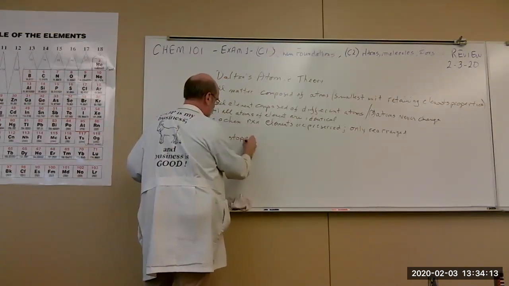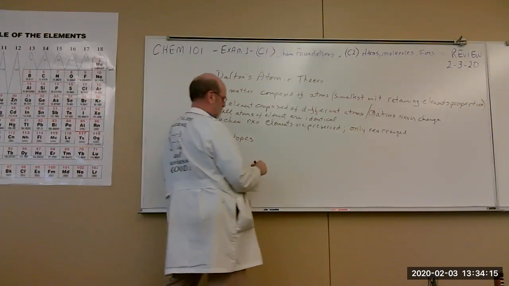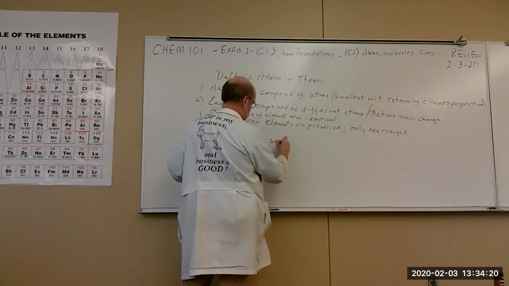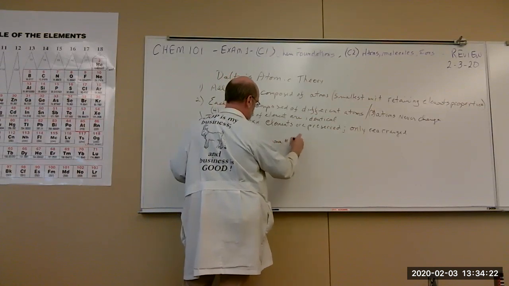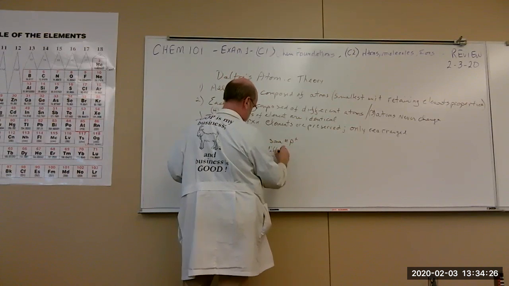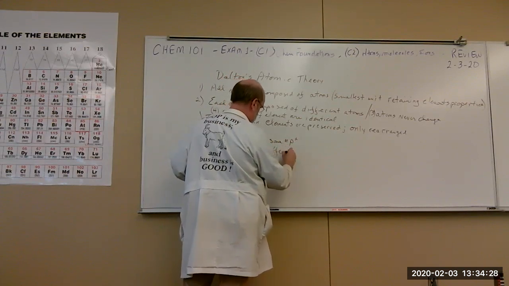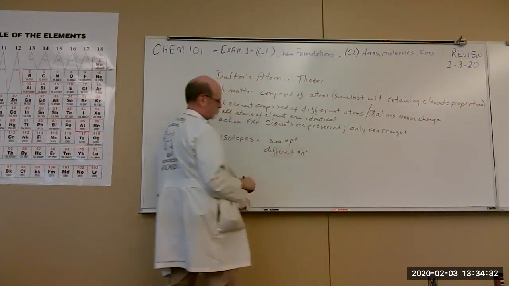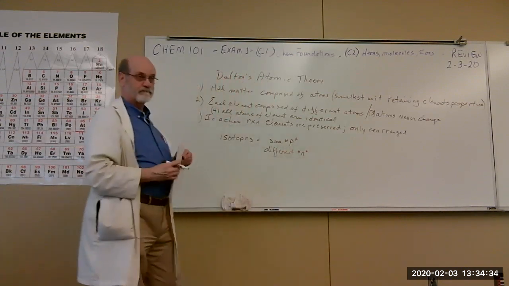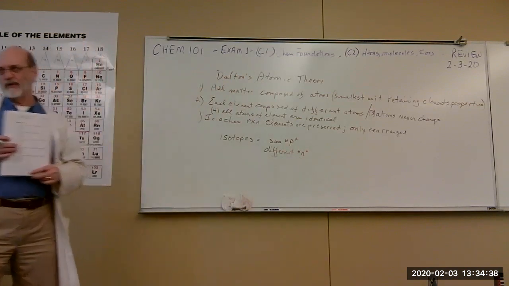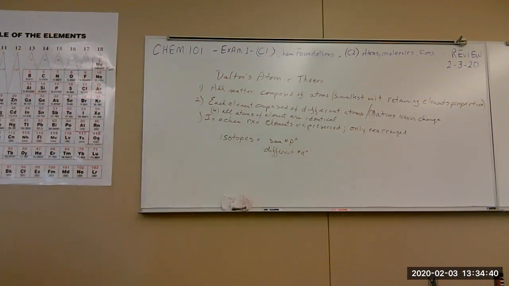So what's an isotope? Same number of protons, different number of neutrons. Extra mass does change the way it acts, yes, it does, but we're not going to labor that point in this class. Enough to remember as it is.